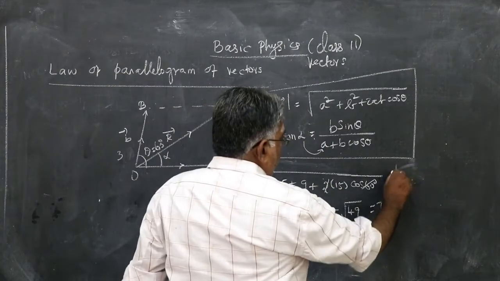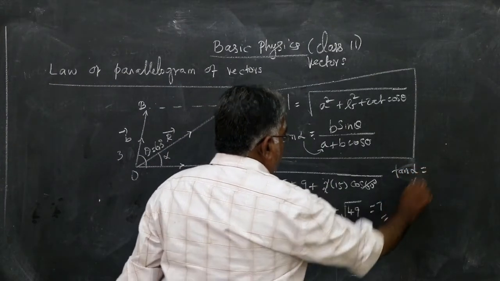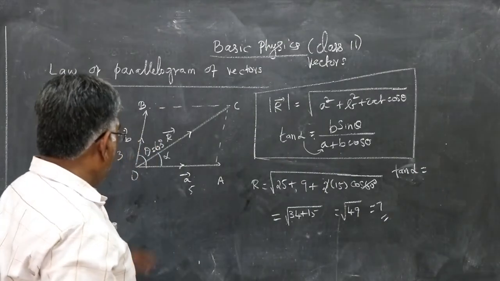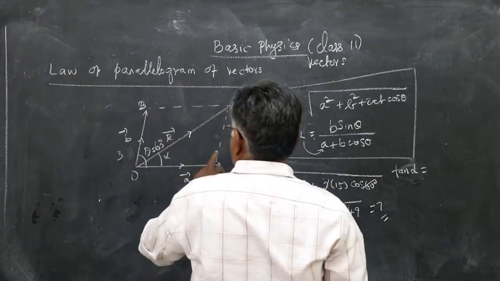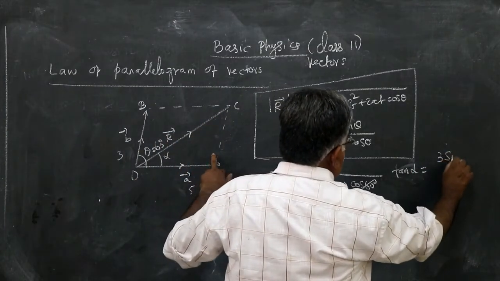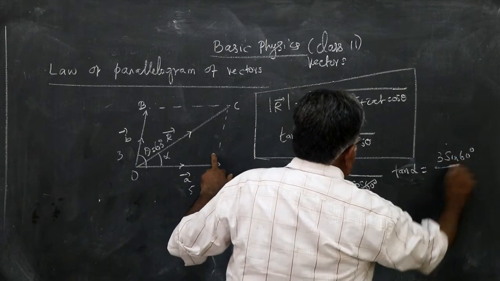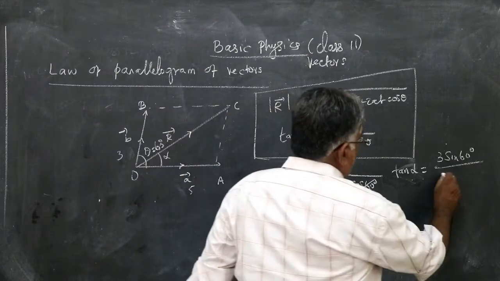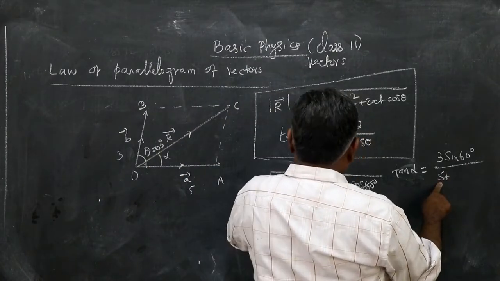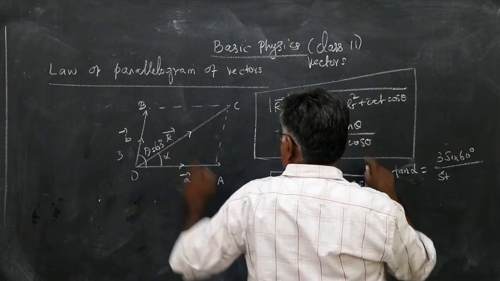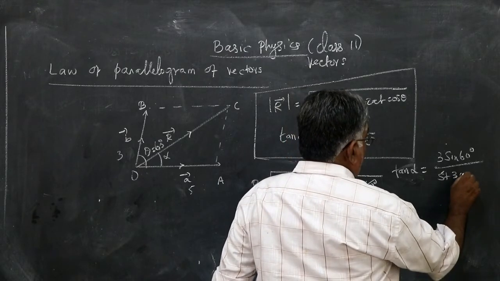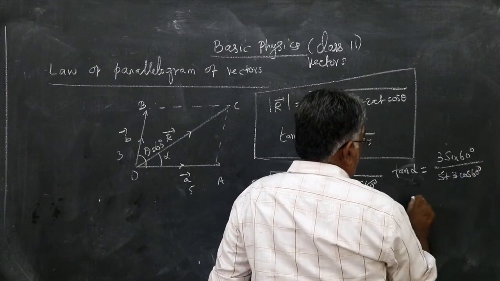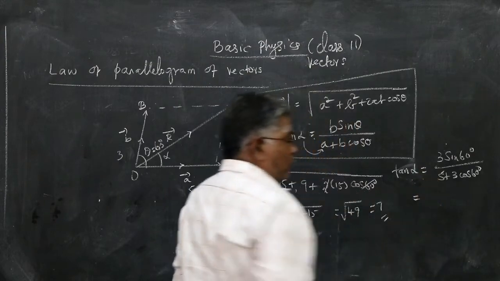Alpha, for that make use of the formula tan alpha is equal to B sin theta, 3 sin 60, by A plus B cos theta. A is 5, B cos theta means 3 cos 60. You simplify this.